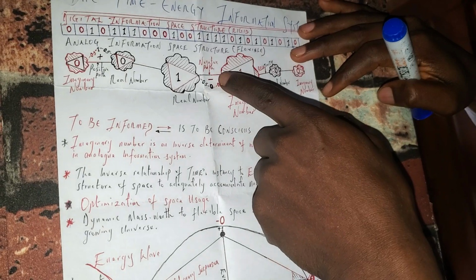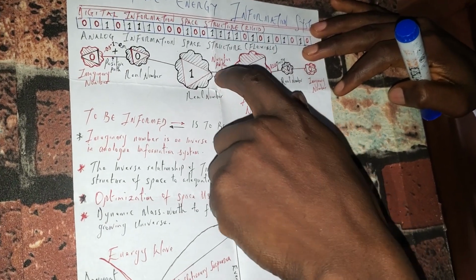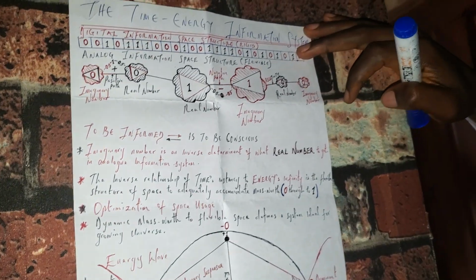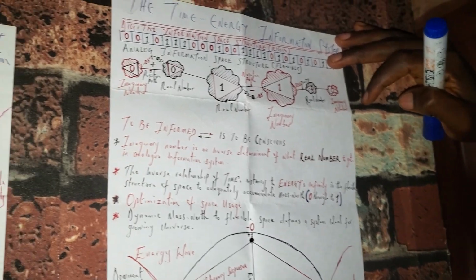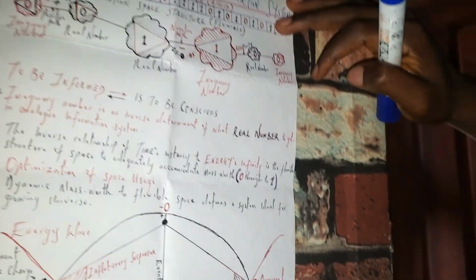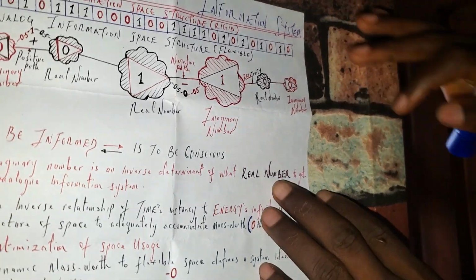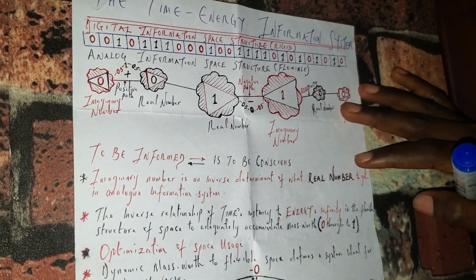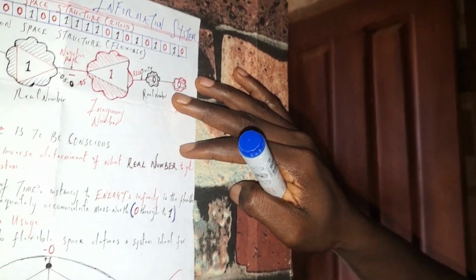You can see that the red horizontal line is inversely related to the black horizontal line. So that is that about that. Now we can see that that structure is more ideal than the conventional number structure.